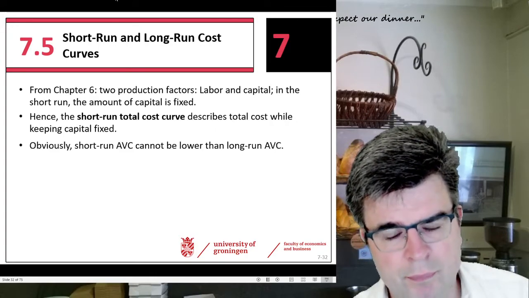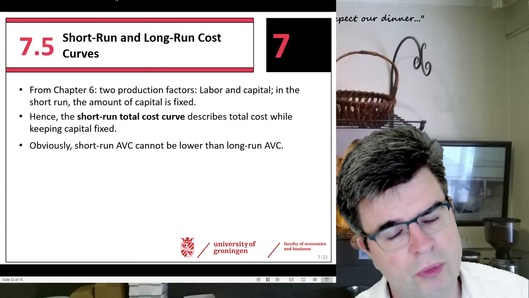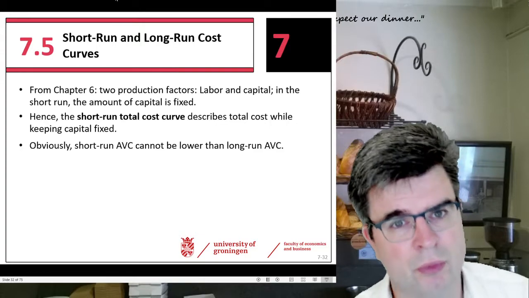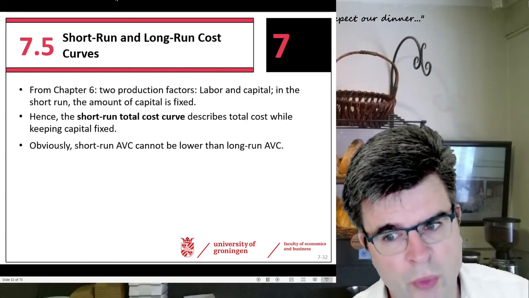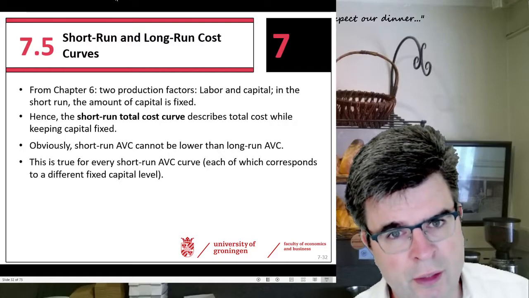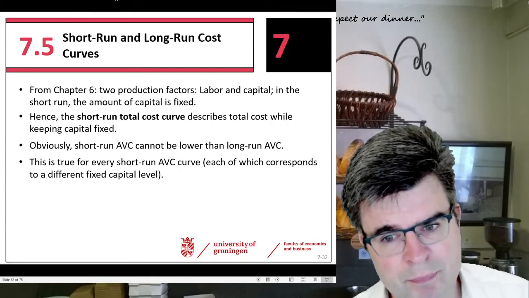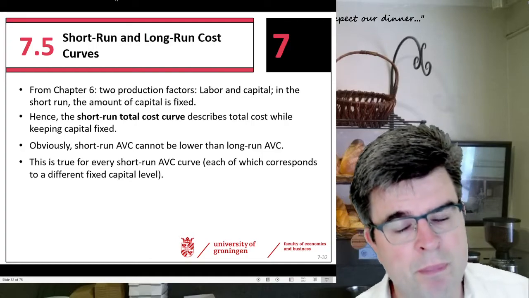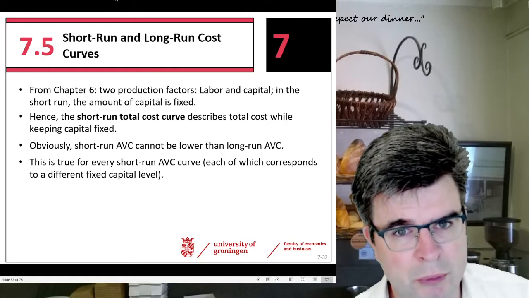And for the same reason as before, the short run average variable cost cannot be lower than the long run average variable cost, because the only difference is that in the long run you can also adjust capital to your favor, and that will mean that the long run average variable cost, if anything, is lower than the short run average variable cost. And that holds for every average variable cost curve, each of which corresponds to a different capital level. So we keep that fixed, but in the long run you can adjust it. So in the long run, the variable cost of producing a given amount of units, if anything, must be lower than in the short run.